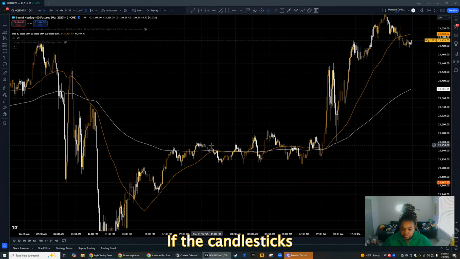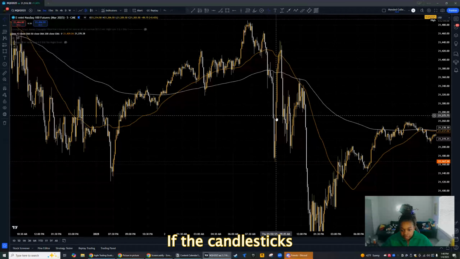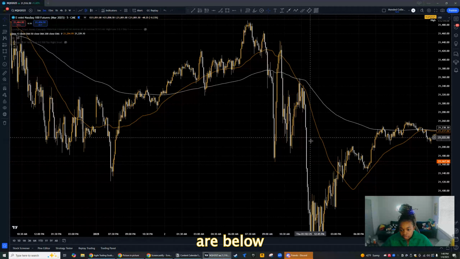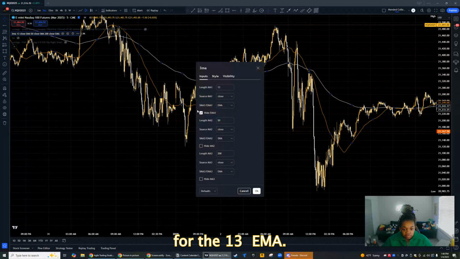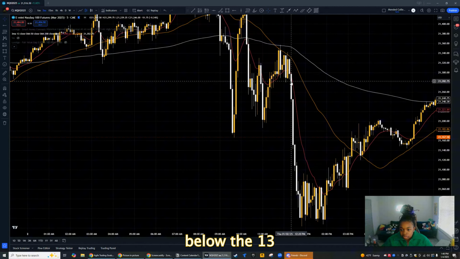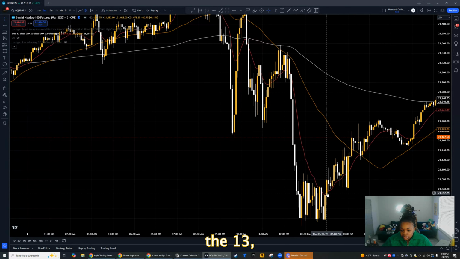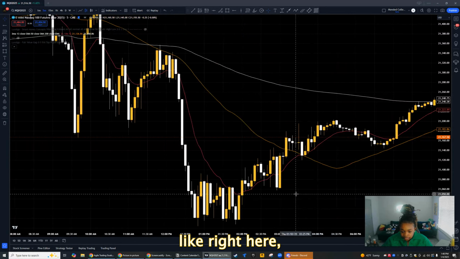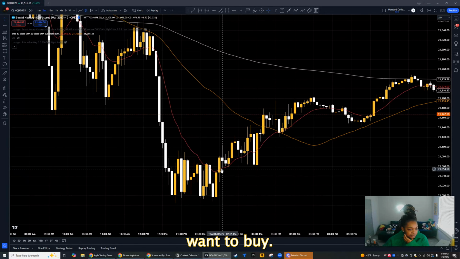Most traders, if the candlesticks are above these EMAs, we like to look for buys. If the candlesticks are below the EMAs, we typically look for sells. The same goes for the 13 EMA. If it's closing below the 13, you want to take that sell. If it's closing above the 13, like this candlestick right here, you typically want to buy.